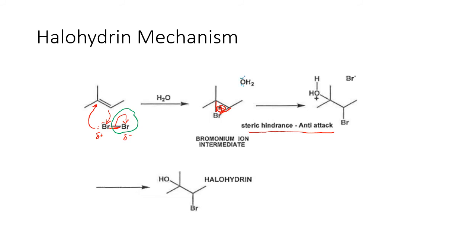So lone pair of electrons on oxygen will attack the more substituted side, because that's the more stable site that has the most positive charge there. And we're going to break open that bromonium ion. So these electrons in between carbon and bromine on that more substituted side, it has to break open because carbon can't have more than 4 bonds. So those electrons go to the bromine.